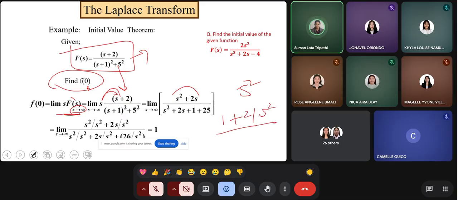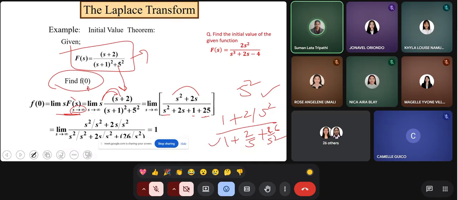In the denominator, s square by s square becomes 1, plus 2 by s, plus 25 plus 1 means 26, so 26 by s square. So this function is s square plus 2s divided by s square plus 2s plus 26. After dividing both numerator and denominator by s square, you will get this function.